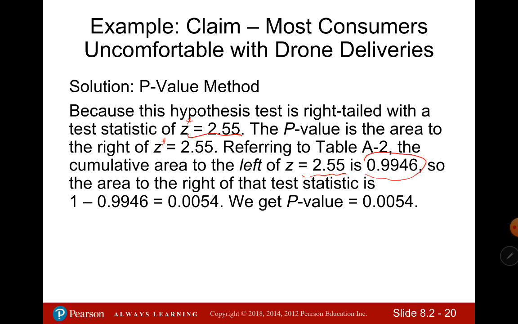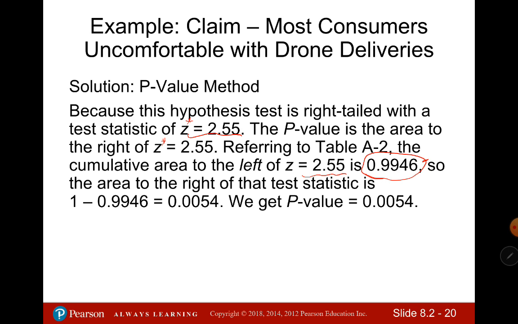We will get this value directly from our table. But this time, what is this area? This area is cumulative to the left. You remember, the Z table can always give you the area cumulative from the left.